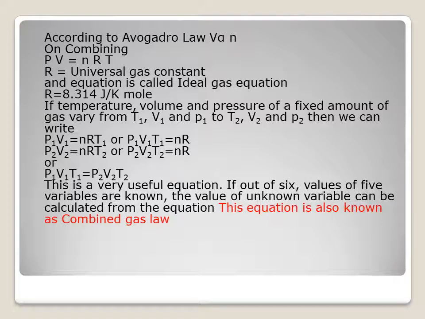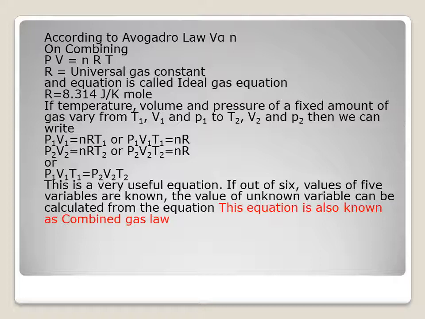Now, according to Avogadro's law, V is directly proportional to n. So, on combining all the gas laws, PV = nRT, which is the ideal gas equation, and R is the universal gas constant. If temperature, volume and pressure of a fixed amount of a gas vary from T1, V1 and P1 to T2, V2 and P2, then we can write P1V1 = nRT1.